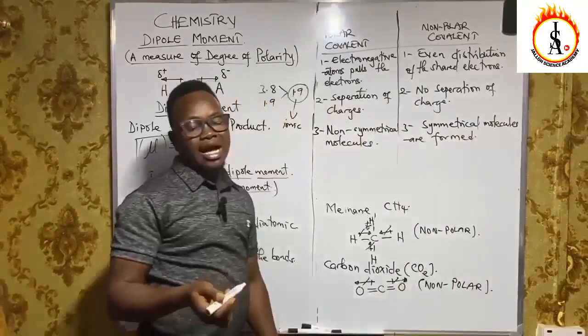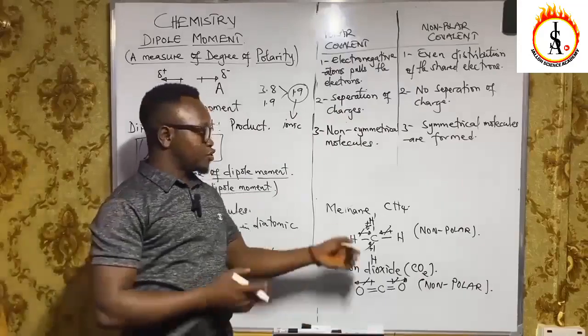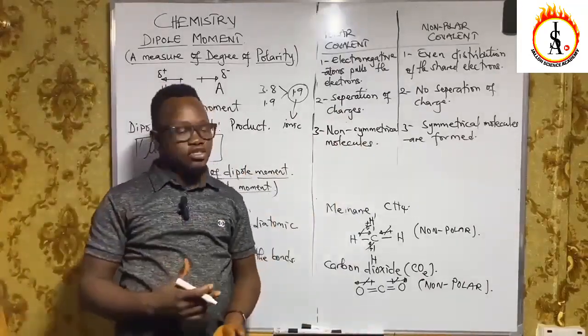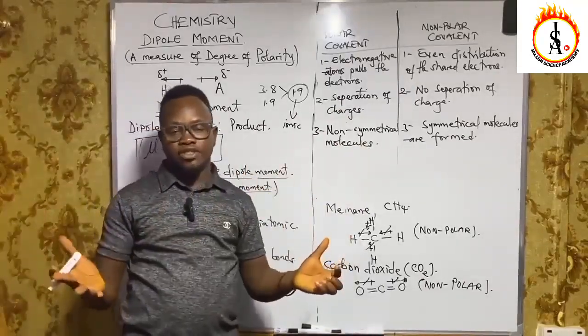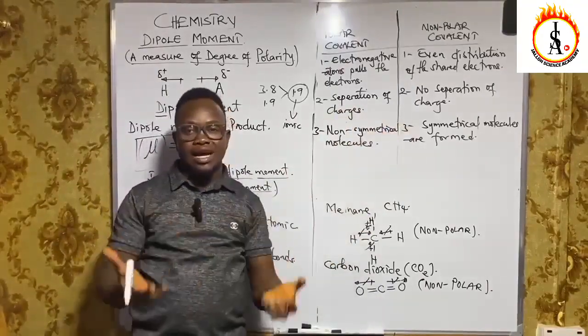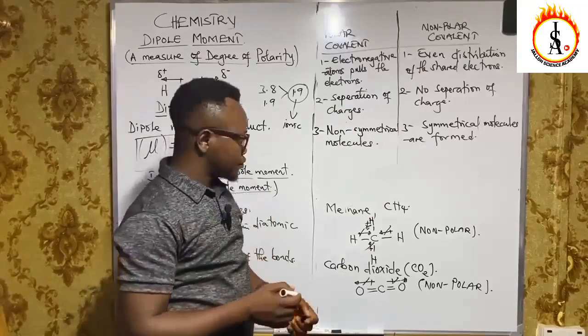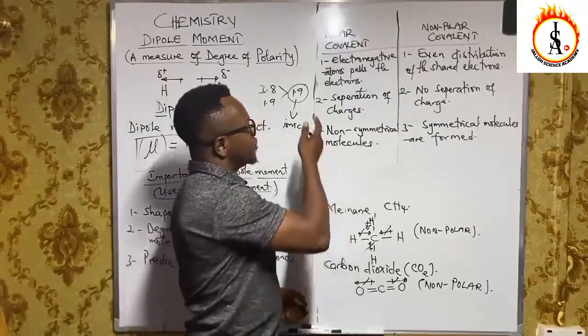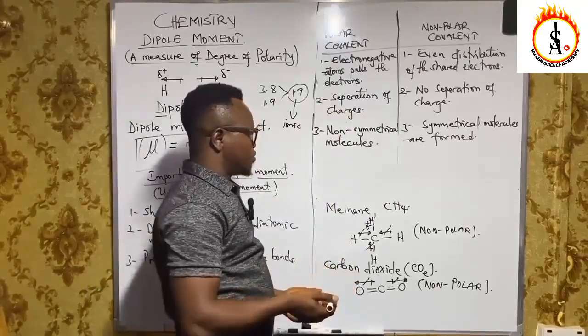So the molecules formed are symmetrical, okay? Because you have the electrons being evenly distributed. In this case, there is no even distribution. So that brings about this one being asymmetrical, whereas these ones are symmetrical, okay? So these are the differences between polar covalent and non-polar covalent.